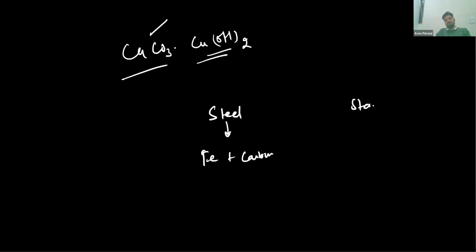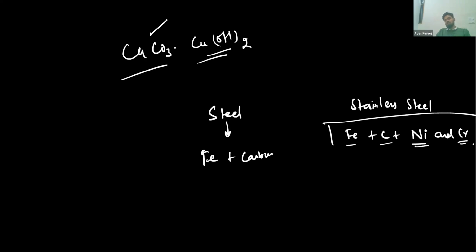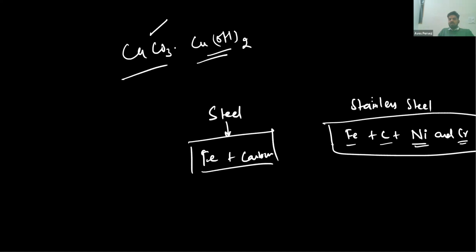But if it is stainless steel, then we use iron, carbon, nickel, and chromium. So iron, carbon, nickel, and chromium are the constituents of stainless steel. Note it down. Only steel is iron and carbon, and stainless steel has iron, carbon, nickel, and chromium.